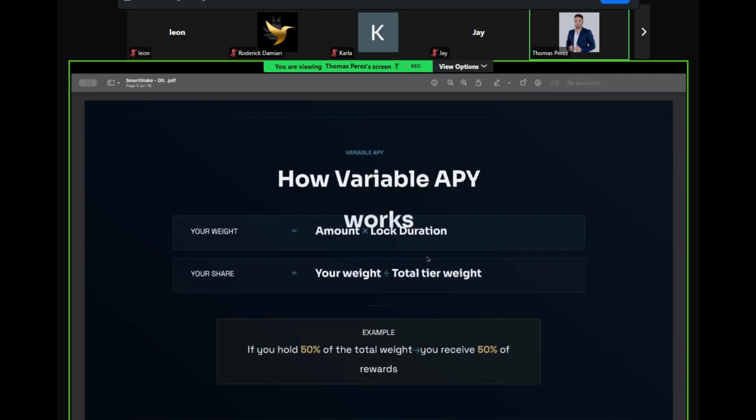And your share of rewards is simply your proportion of that total. So if you represent, for example, 10% of the total weight, you receive 10% of the reward. Or if you hold 50% of the total weight, you receive 50% of the reward. This is what makes the system fair. It's purely mathematical, no interpretation.